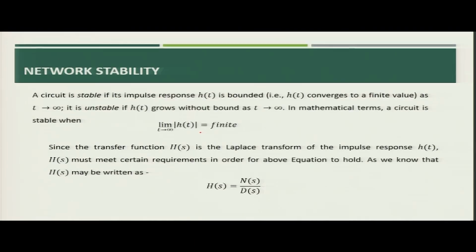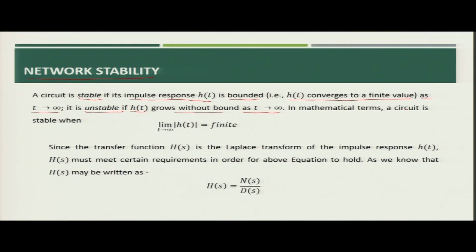Now, let us move on to another concept called network stability. Here the circuit is stable if its impulse response is bounded, meaning h(t) converges to a finite value when t tends to infinity, and it is unstable if h(t) grows without bound as t tends to infinity.